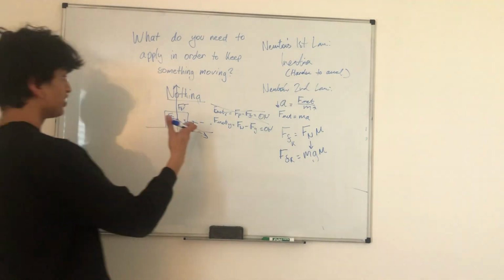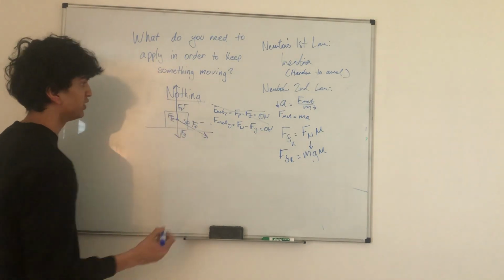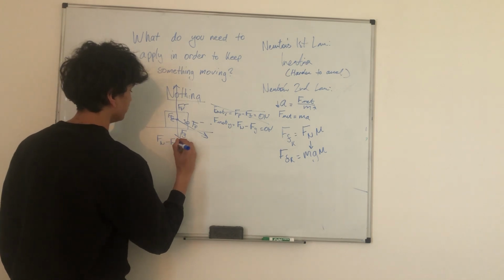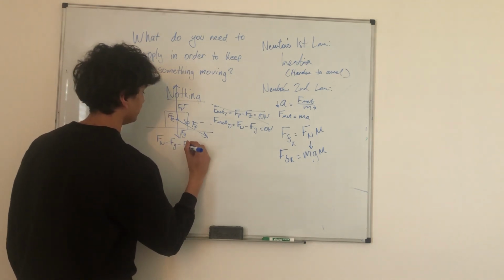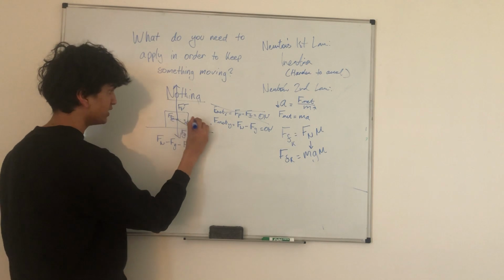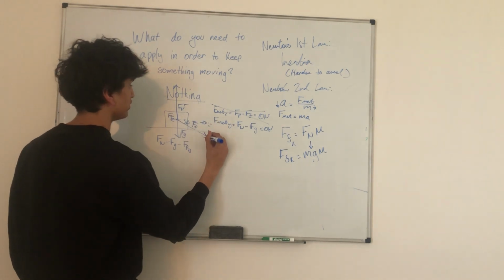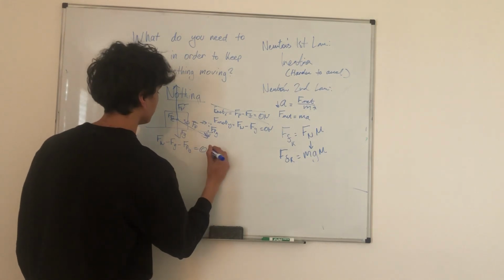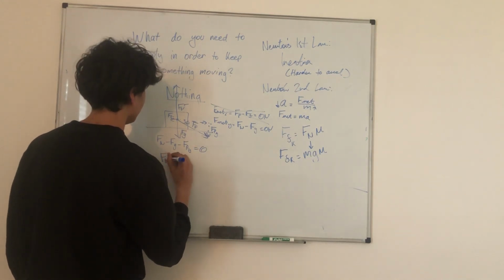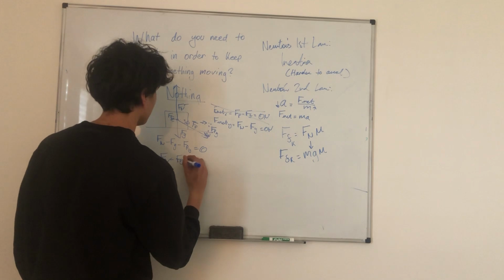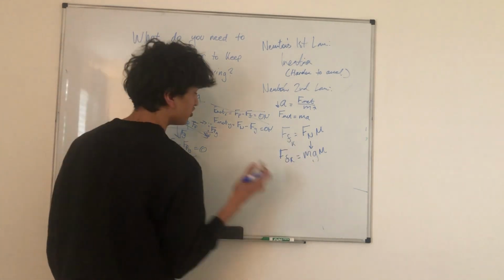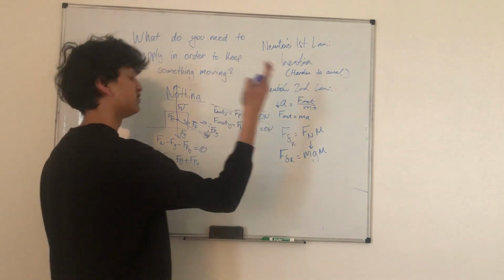So if you were solving for Fn, you would say Fn minus Fg minus Fpy, the y component, equals 0. Then you get Fn equals Fg plus Fpy, and you have to substitute this whole thing in there. Don't memorize this, just understand it's Fn in general. That's the general equation.